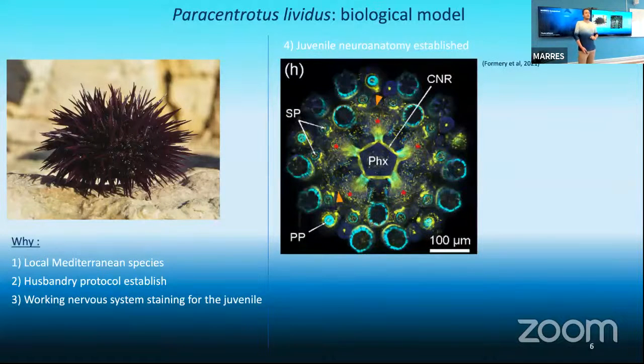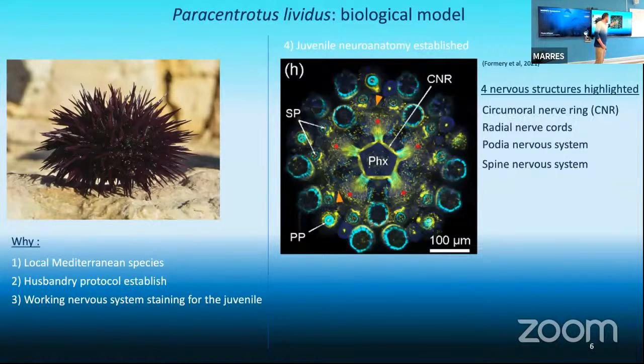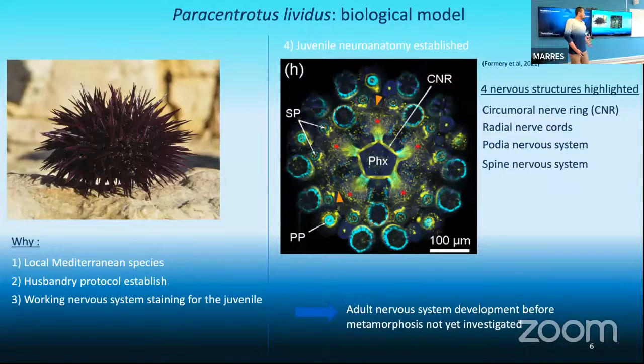They've been able to highlight 4 major nervous structures. The first one being the circumoral nerve ring here, 5 radial nerve cords, the podial nervous system here, and the spine nervous system. However, this first neuroanatomy is not yet complete because they are still missing the adult nervous system development before the metamorphosis.